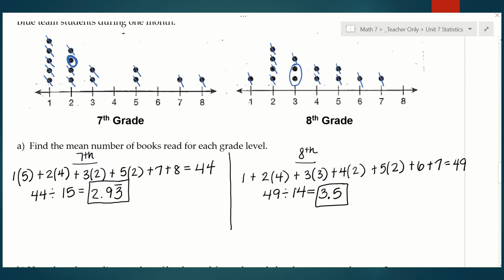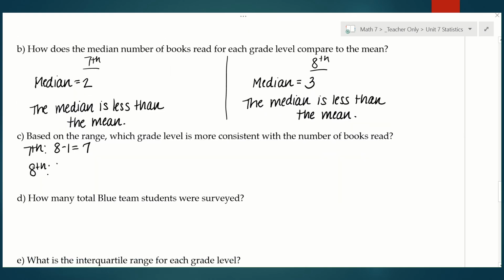So the highest number for 8th grade was 7 and the lowest was 1, which means my range for 8th grade is 6. Okay, so the grade level that is more consistent is the one whose range is smaller. So that would be 8th grade. Not by much, very close, but it is smaller.